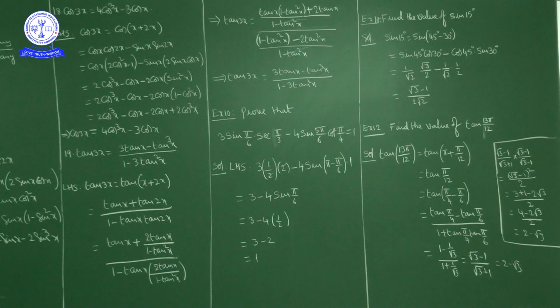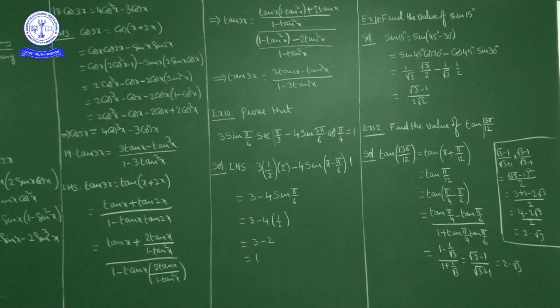In place of y we have 2x. So tan x plus tan 2x upon 1 minus tan x into tan 2x.